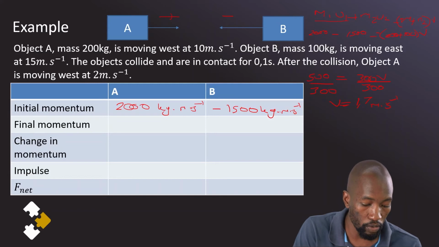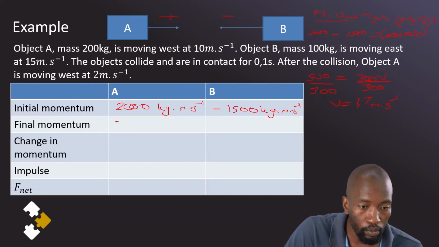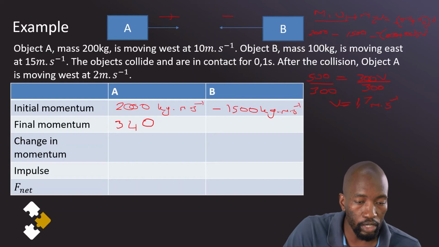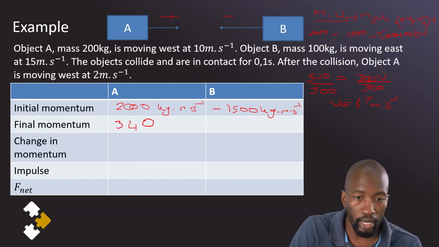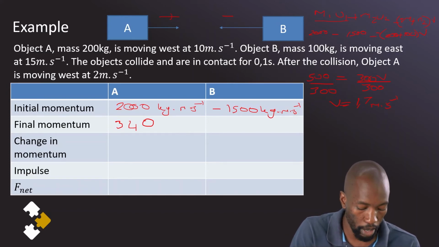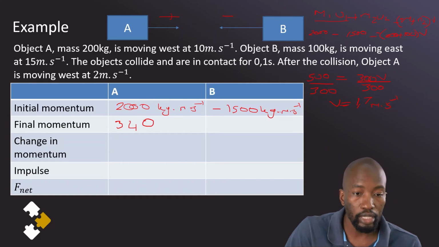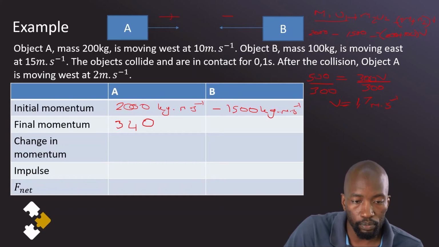So that'll be 200, its mass, multiplied by 1.7. Now this is just going to be 340 kg m/s. Now we need to find the final momentum of B, and that is just going to be 100 multiplied by 1.7. That is 170.